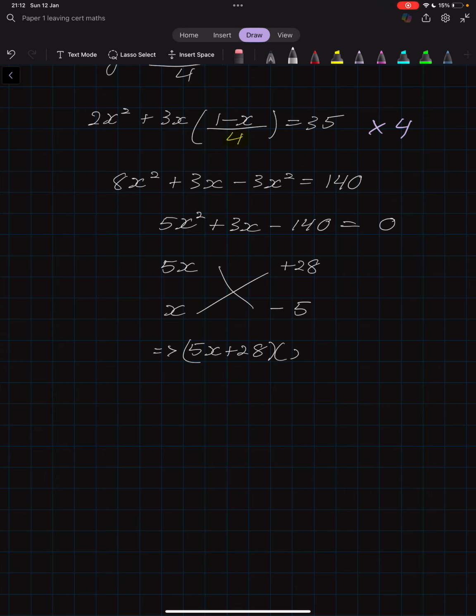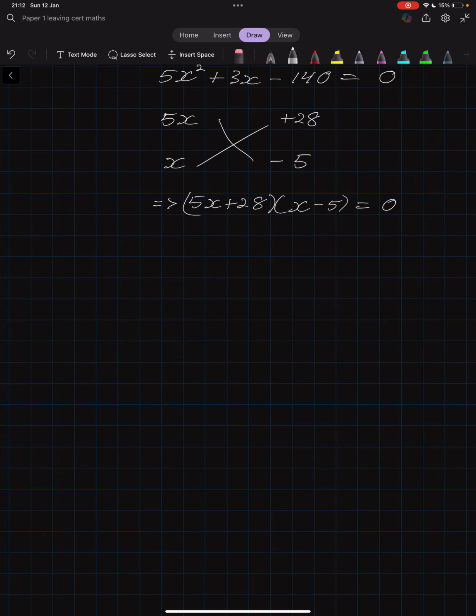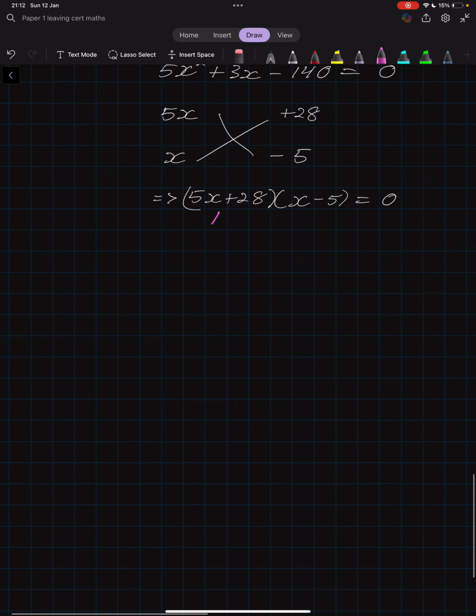So now that you have that this thing equals 0, there's only two options. You have something multiplied by something else, one bracket multiplied by another bracket. So the only way that the product can be 0 is if one of them is 0.